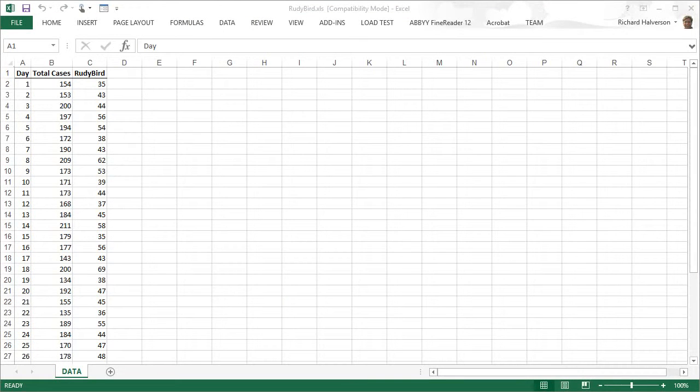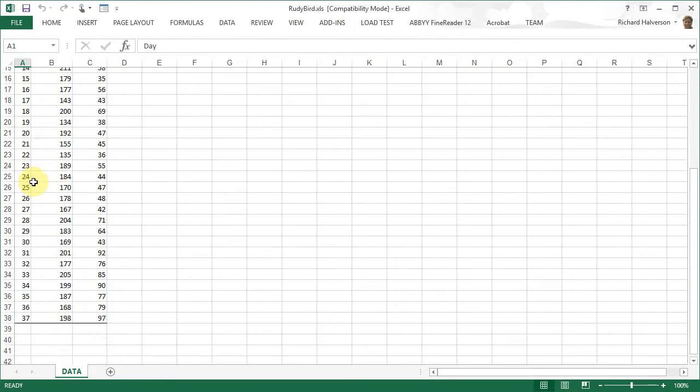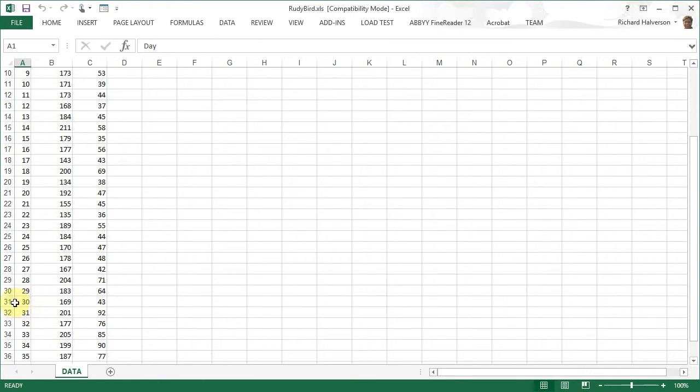Okay, we've opened up our RubyBird spreadsheet here, and we've got PHStat loaded up. The first thing we're going to do is create a control chart for the first 30 days. That means it's only up to here.